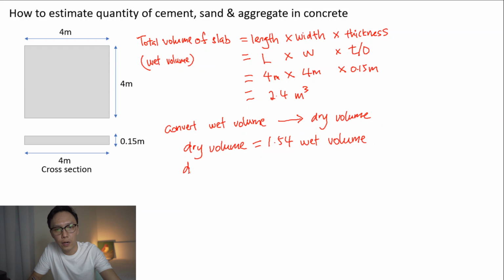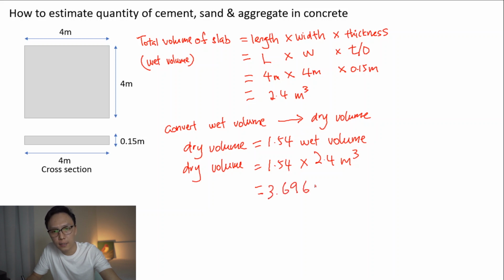Okay, so dry volume is actually 1.54 times the wet volume, 2.4 meter cube. So the dry volume is 3.696 meter cube.